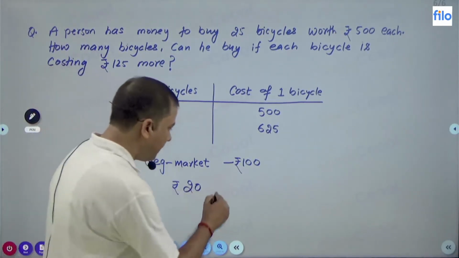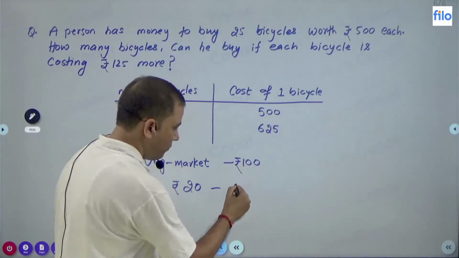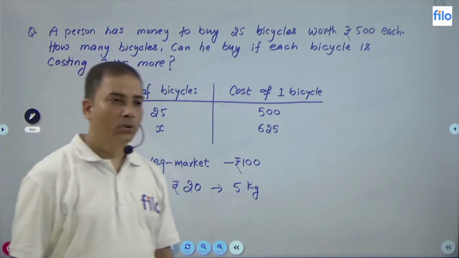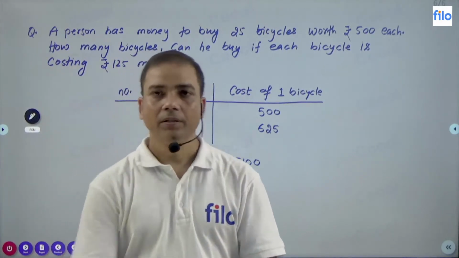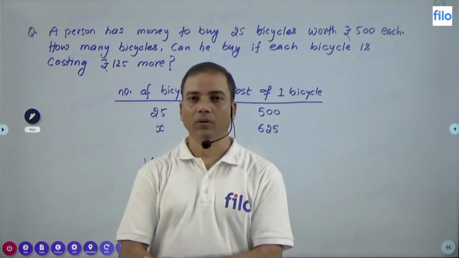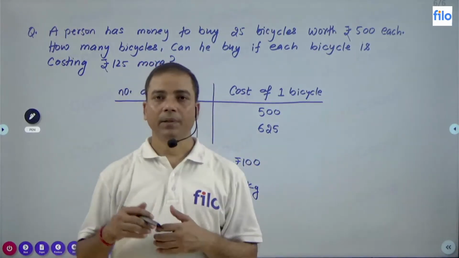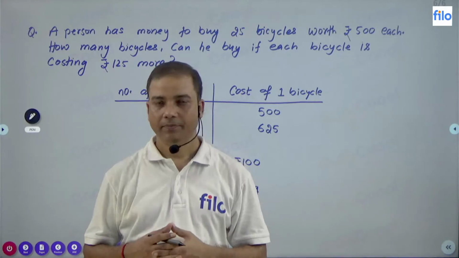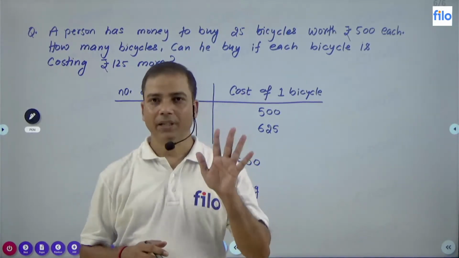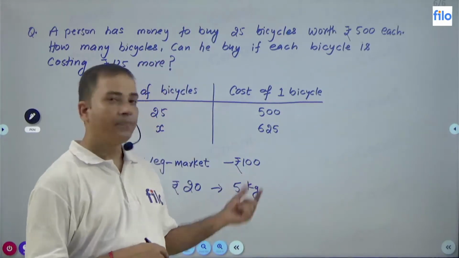So I can buy 5 kgs. When I ask my neighbor the rate of potato in the market today, he tells me it's 20 rupees per kg. I'm happy. I will buy 5 kgs of potato with my money.